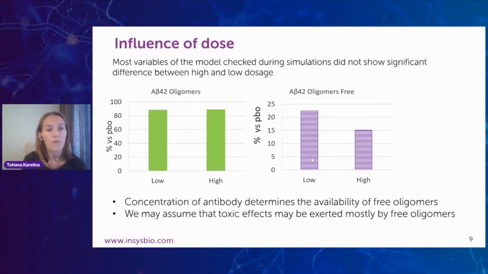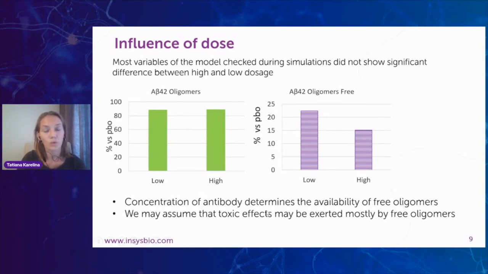So, for example, we can see here that there is absolutely no difference for the total quantity of A-beta 42 oligomers, and moreover, the effect of therapy on the total quantity of these oligomers is very modest. But if we consider the concentration of A-beta 42 oligomers free from antibody binding, we will see a significant difference with a much higher reduction for high dosing levels.